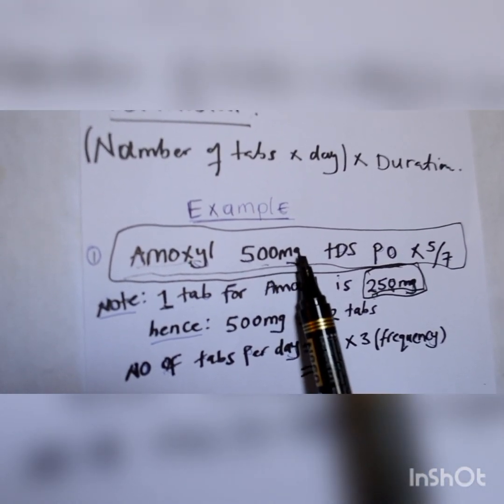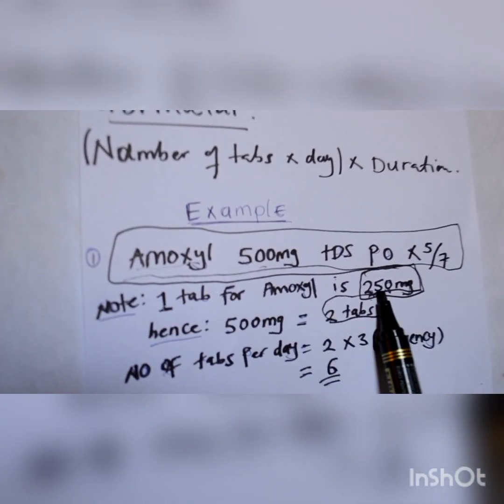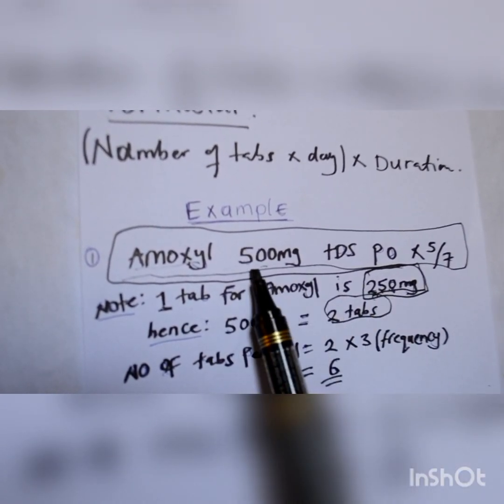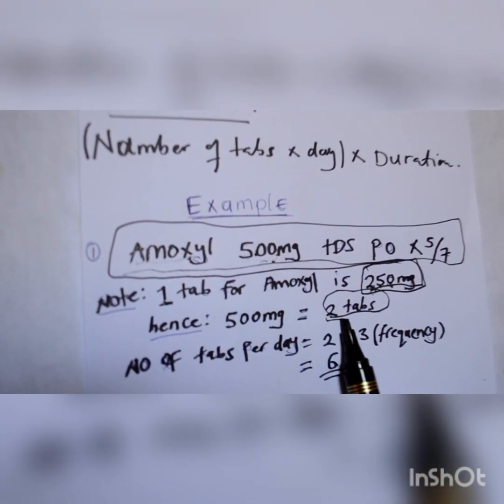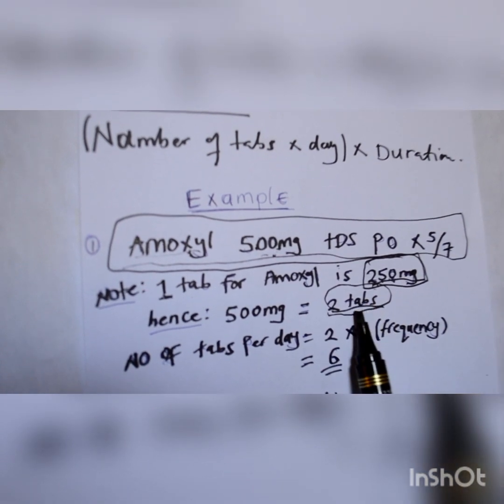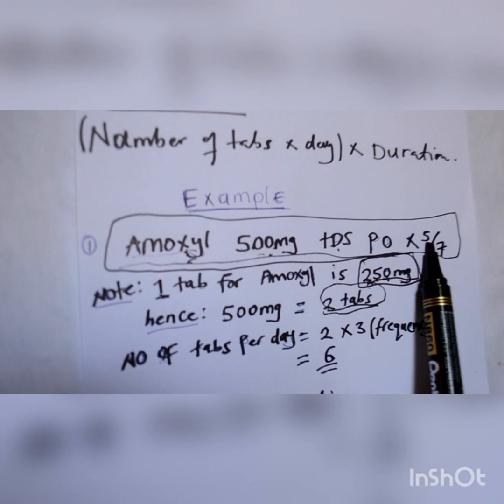So it means this patient will be taking 2 tablets, because 250 plus 250 gives us 500. So this patient will be taking 2 tablets of amoxil 3 times a day for 5 days.